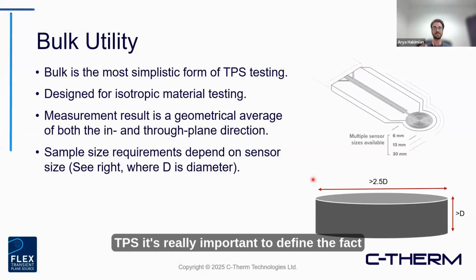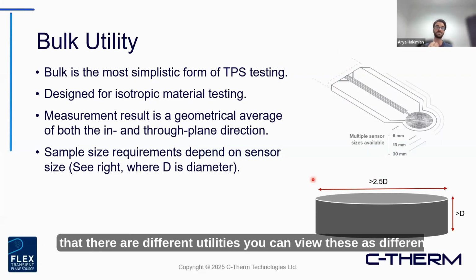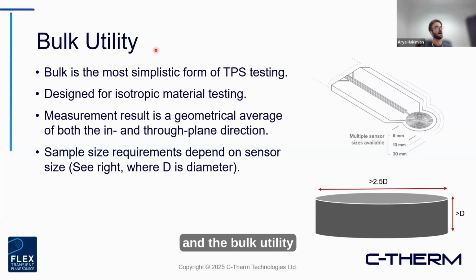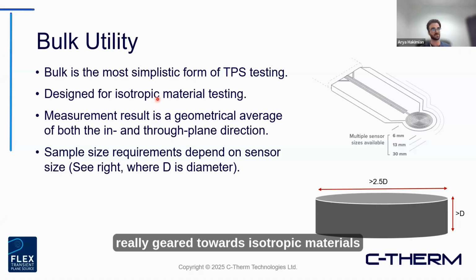When we talk about TPS, it's important to define the fact that there are different utilities. You can view these as different modules that are available with TPS. The bulk utility is the standard, most basic form of TPS testing, really geared towards isotropic materials. The result gives you an average value, the geometrical average of essentially the in and through plane.